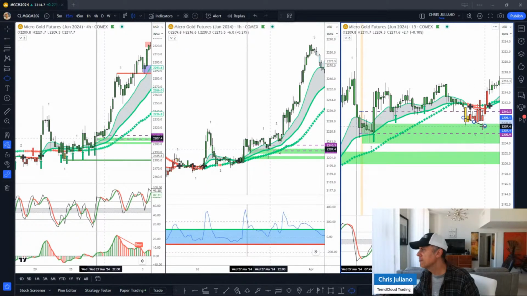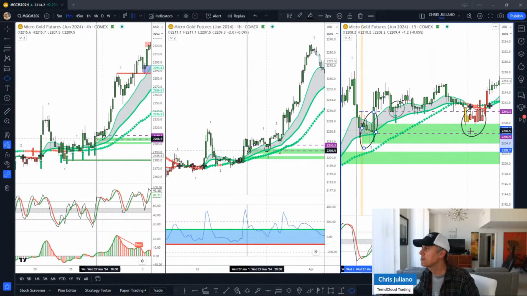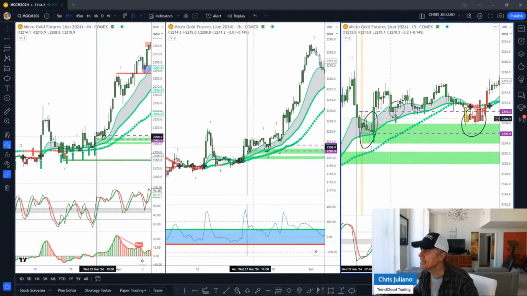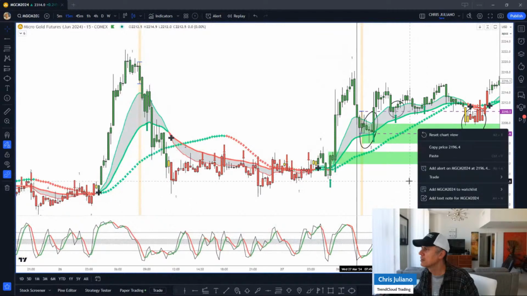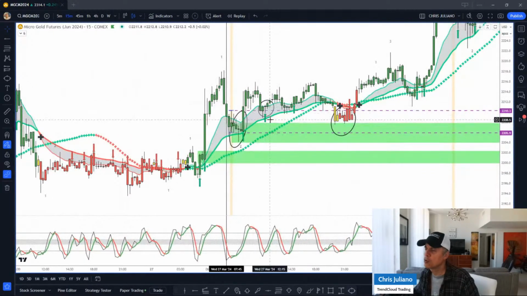We have every right to take this whole thing, right? That's the demand zone there. This is the retest of the opening range. That's a strategy that we use.